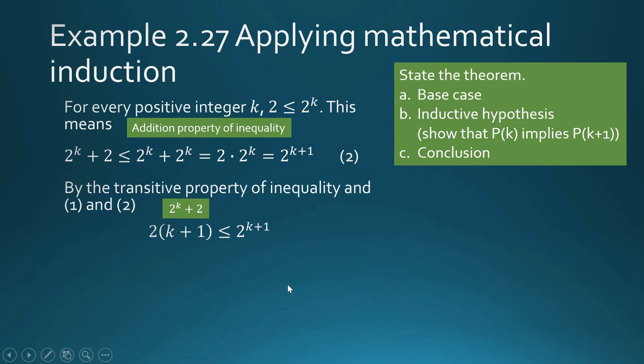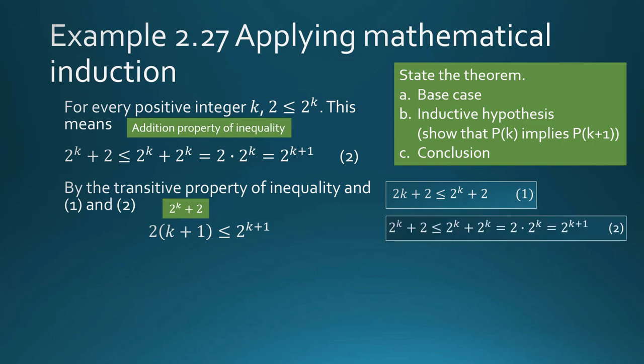And that is also the application of your transitive property of inequality. 2 times k plus 2 is less than or equal to 2 raised to k plus 2. That's our statement number 1. That is in the previous slide. Our statement 2 is 2 raised to k plus 2 is less than or equal to 2 raised to k plus 2 raised to k, which is the same as 2 raised to k plus 1. This is just the application of the laws of exponents.